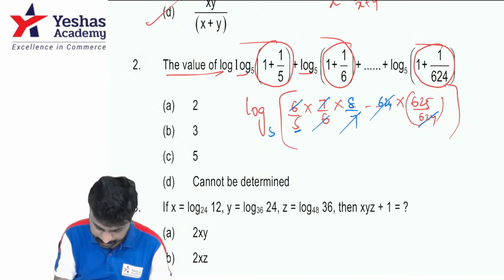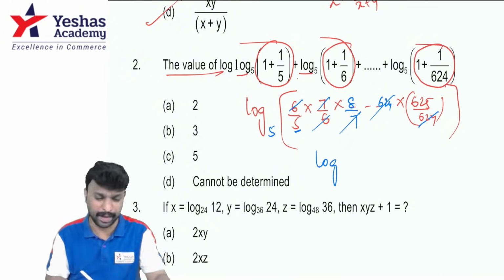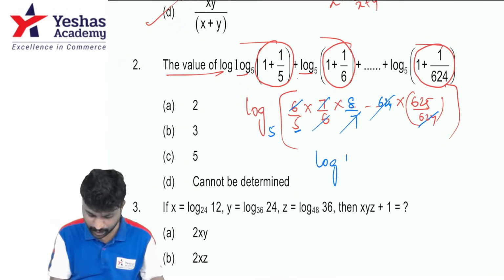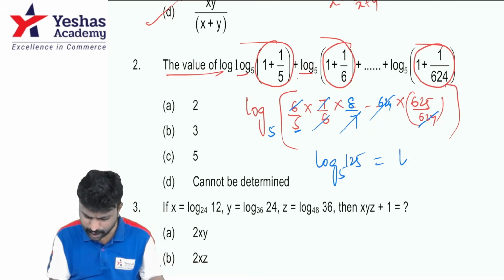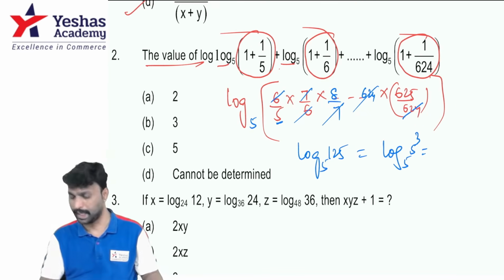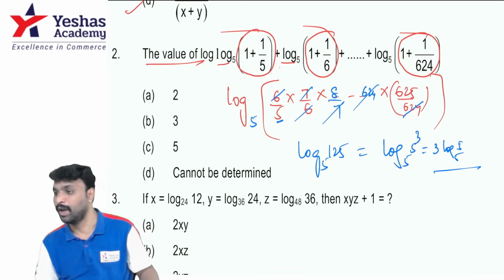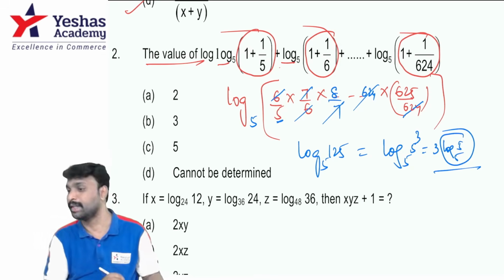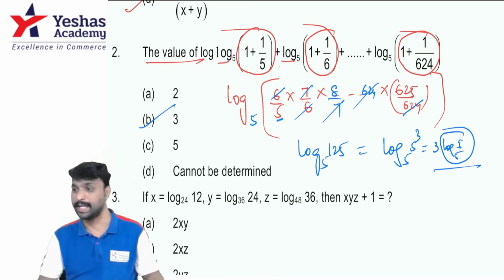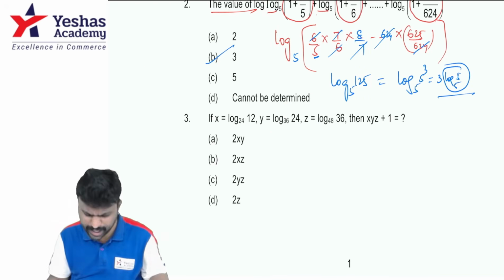That means the base is 5 here, that means 625 by 5, which is 125 to the base 5. What is 125? It's nothing but 5 cube to the base 5. You know, power becomes a multiplier. It's 3 into log 5 to base 5, which is 1. 3 into 1 is 3. Option B is the right answer. Moving on to the next question.